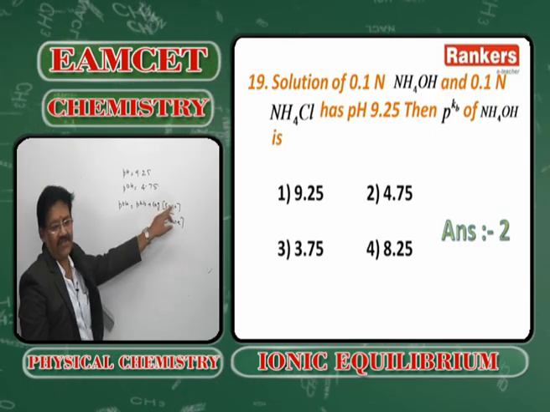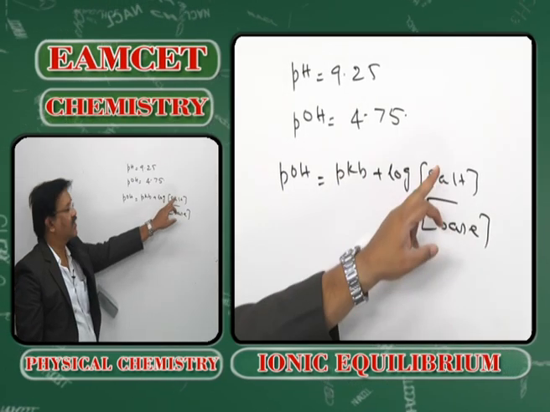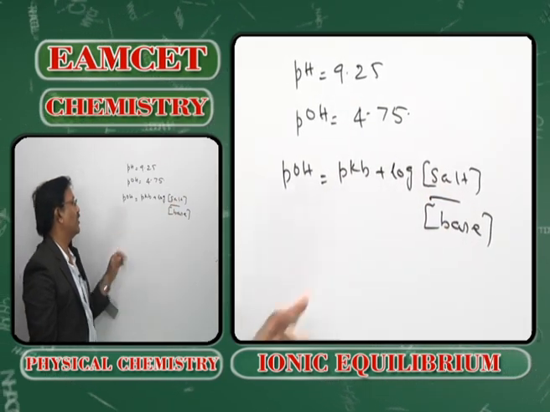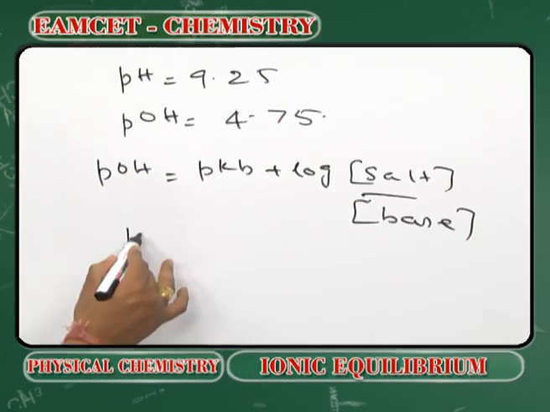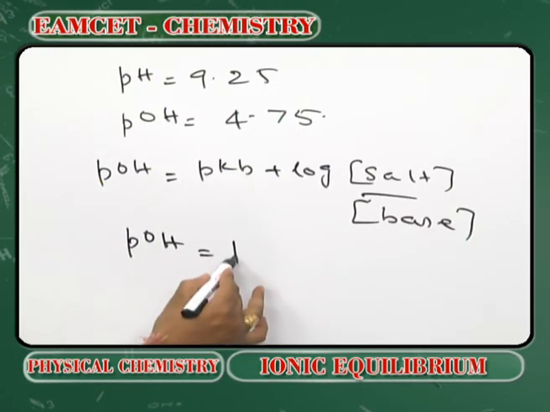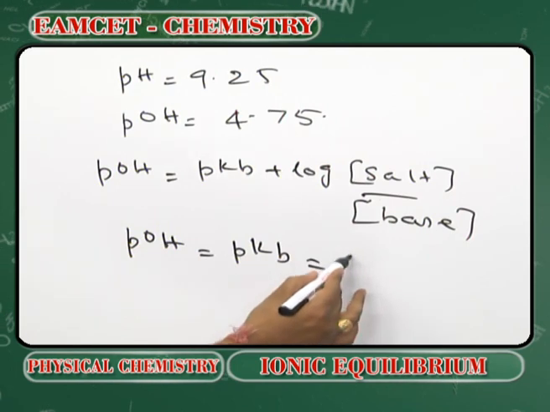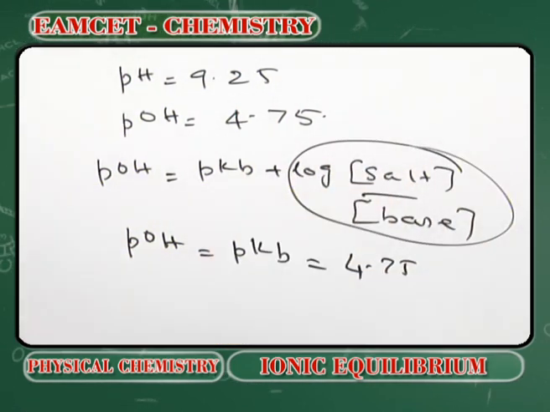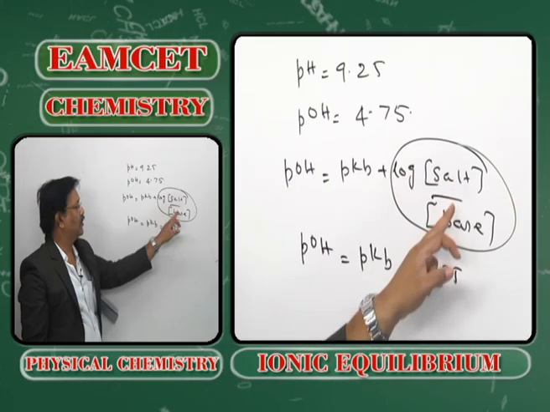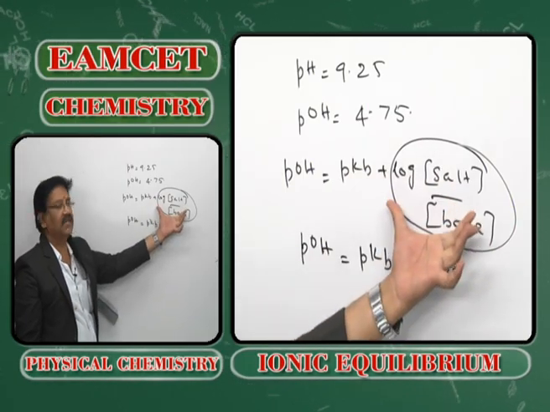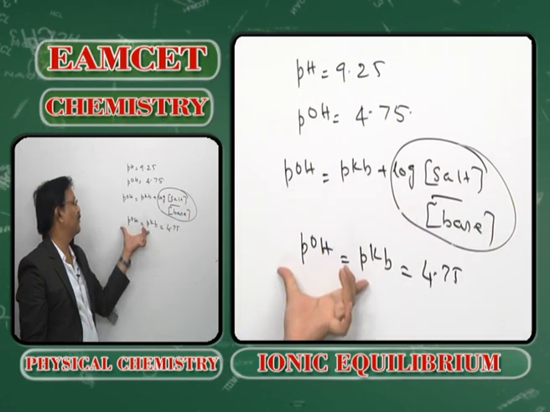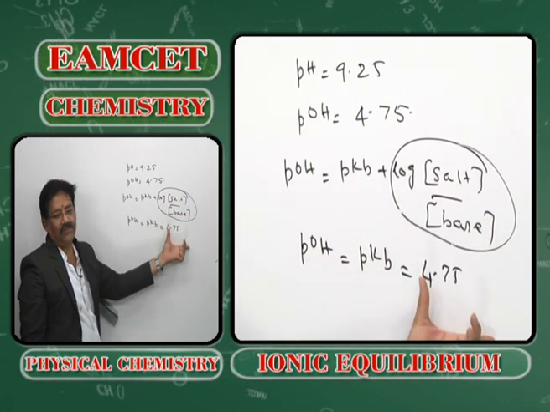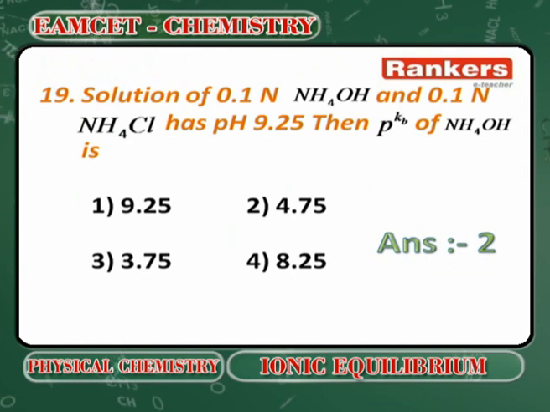Since the salt concentration and base concentration are equal, pOH will be equal to pKb, which is 4.75, because this log term will become 0. Option 2 is the answer. Next question.